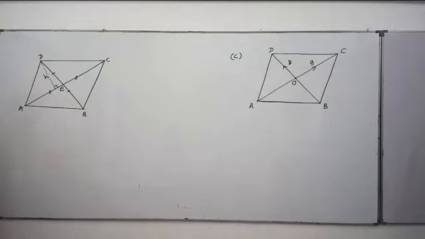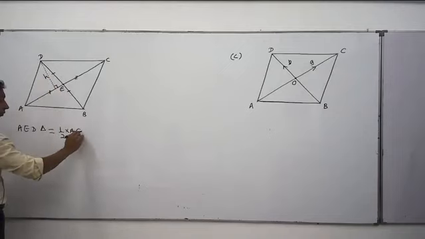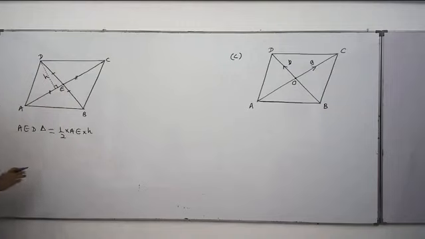Can you tell me, this is the point E, AED triangle area. It is half, base is AE, perpendicular height is H. Right.